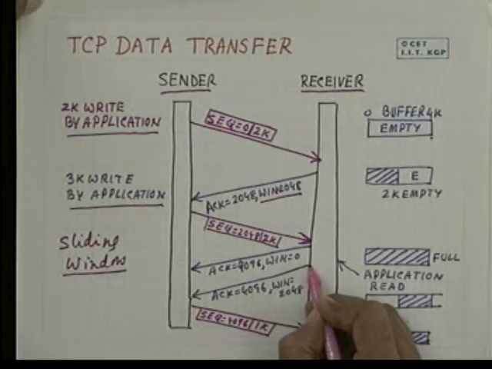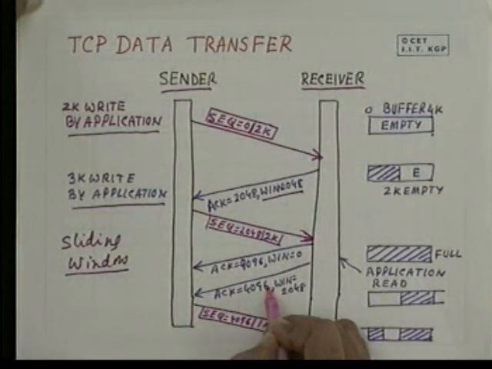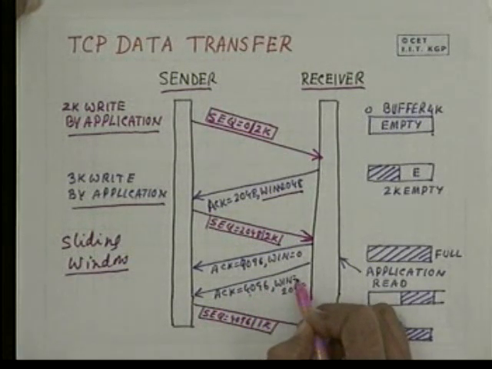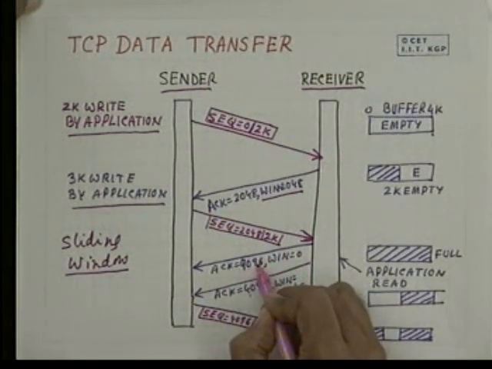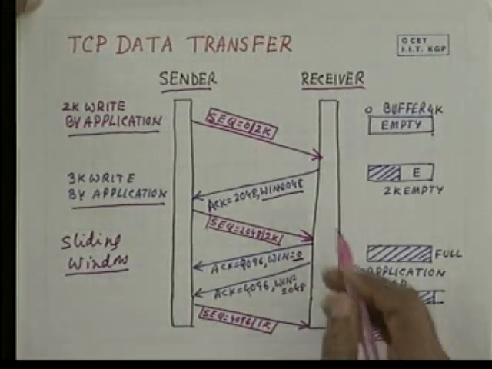So the receiver sends an acknowledgement with ACK equal to 4096, that means it is waiting for sequence number 4096, but the window length is 0. So now the buffer is full and the sender cannot send more data unless it receives an acknowledgement knowing that the window is free.